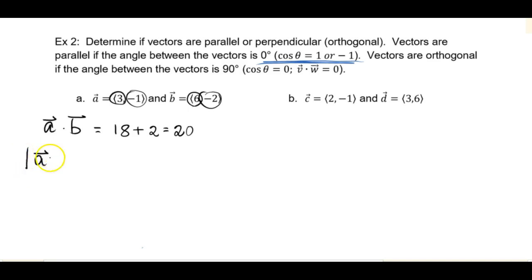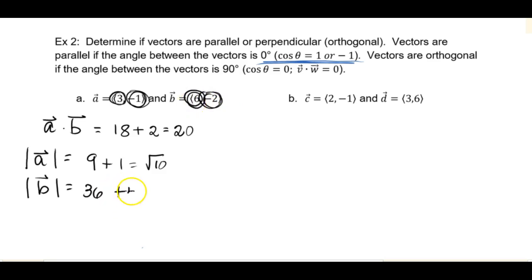Magnitude of A. Remember, we can just, using Pythagorean theorem, square the first one, square the second one, and we get the square root of 10. We're going to go find the magnitude of B. Doing the same thing, squaring the 6, I get 36. Squaring the -2, I get 4, and I get the square root of 40.